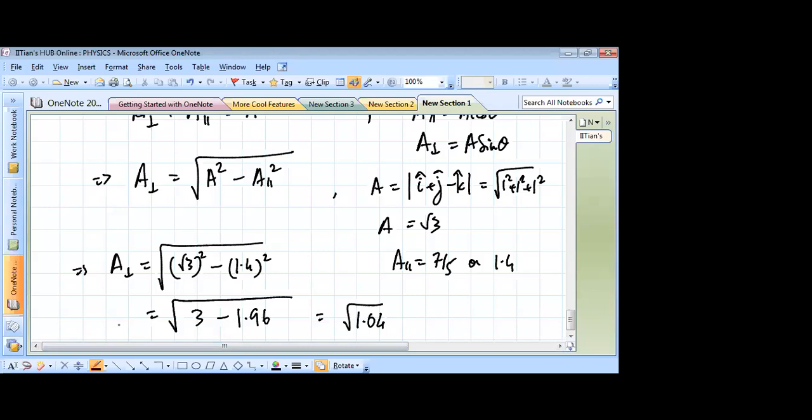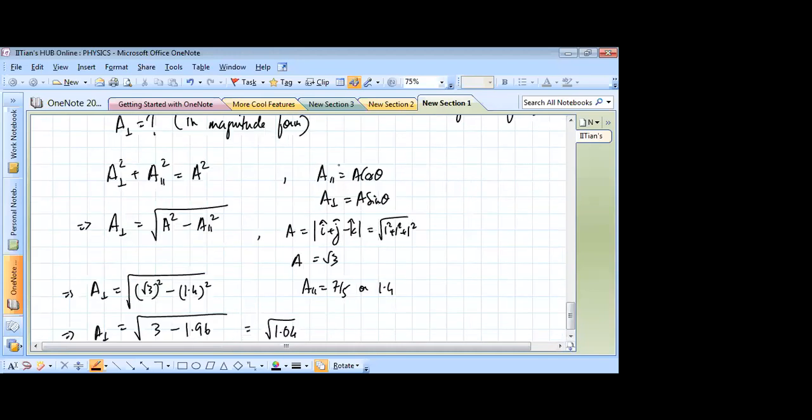So that is your perpendicular component. Okay, so hope this is clear, people.